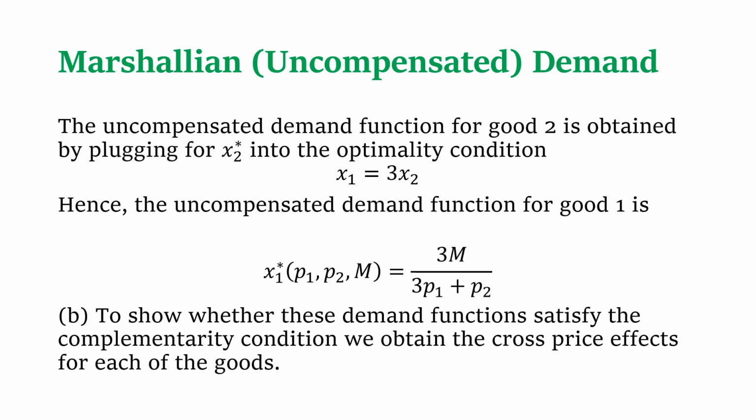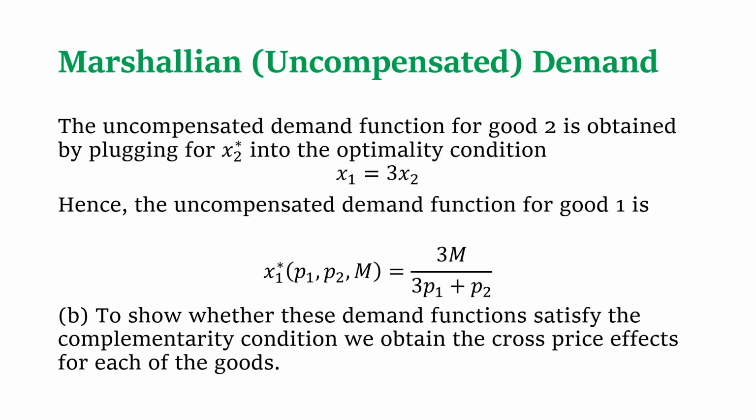And x2 we know is m over 3p1 plus p2. So 3 times m over 3p1 plus p2 is just 3m over 3p1 plus p2. So the demand function for good 1 is therefore x1 star equals 3m over 3p1 plus p2.